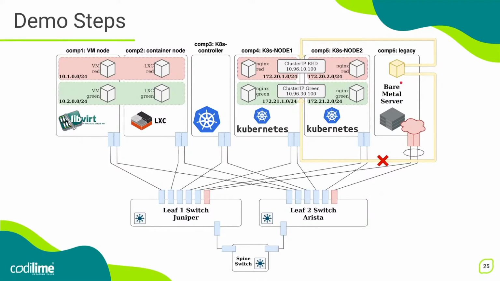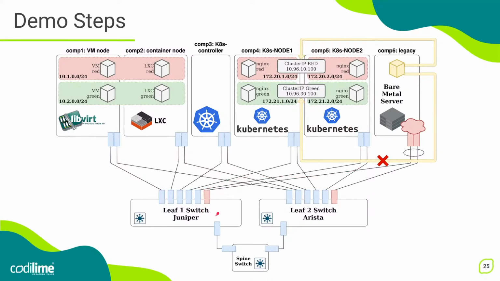So in our case, a bare metal server, from which we would like to be able to reach at layer 2 the LXC container and the virtual machine, and also to be able to reach the cluster IP address in the red VRF, just like we did in the example before this one. However, at the same time, this bare metal server shouldn't be able to communicate with IP addresses in VRF green, and this is because it is assigned to VRF red on the networking devices.